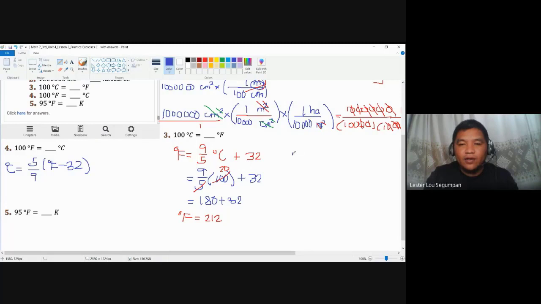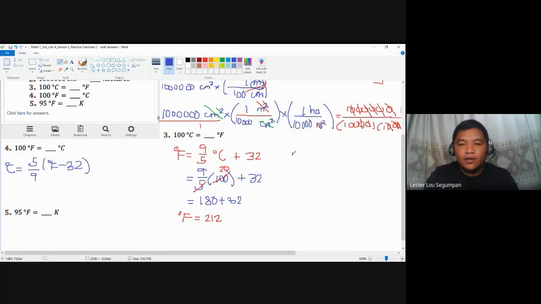So the result here is 5 times 7. 95 degrees Fahrenheit is 35 degrees Celsius. This is the result by converting first the 95 degrees Fahrenheit to its equivalent in Celsius scale.